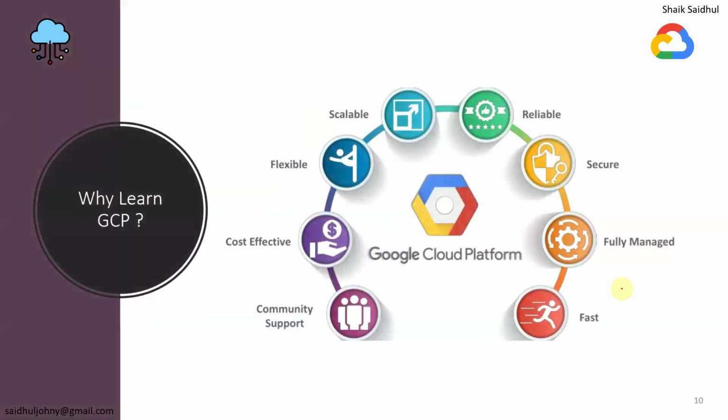And why do we learn GCP, sir? There are plenty of benefits that GCP provides. For example, Google Cloud Platform has very good community support. Google products have been used for the last 10-15 years. And GCP offers cost-effective services.